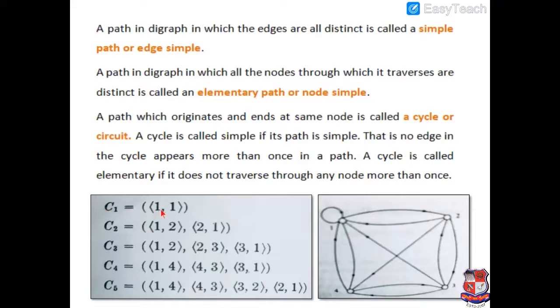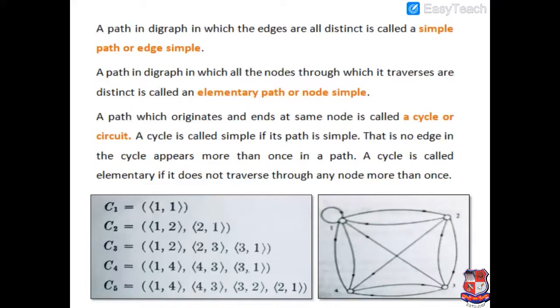So here different cycles are given. The first cycle C1 is (1,1), that means it starts from vertex 1 and ends at vertex 1 because of this loop. The second cycle C2 is (1,2), (2,1). So it starts at vertex 1 with this edge and ends at vertex 1 again with edge (2,1). Similarly, cycle C3 starts with (1,2), (2,3) and again (3,1).